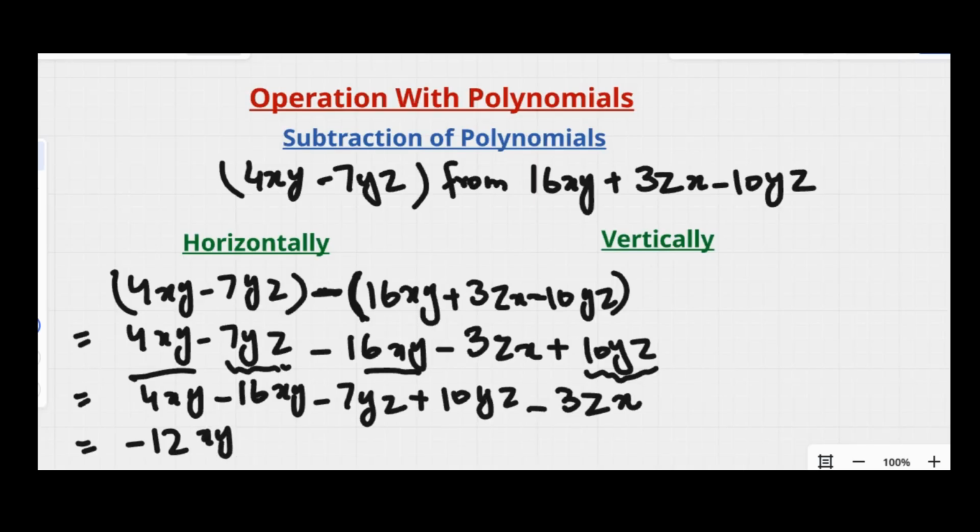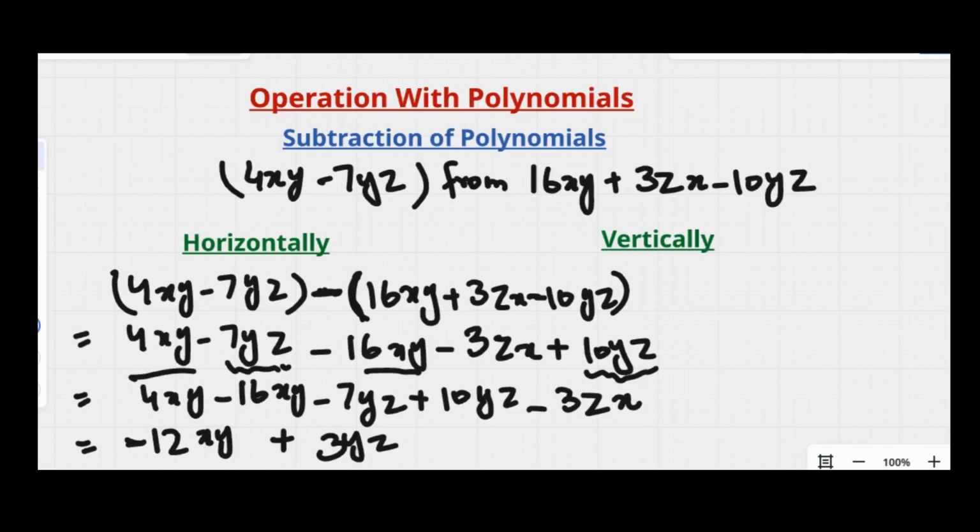When there are plus and minus signs, we subtract, and the greater value's sign is written here: minus 12xy. Now 10 minus 7 becomes 3yz. The greater value is 10, so we write the sign of addition, just like the greater value was 16 and we wrote the sign of subtraction.